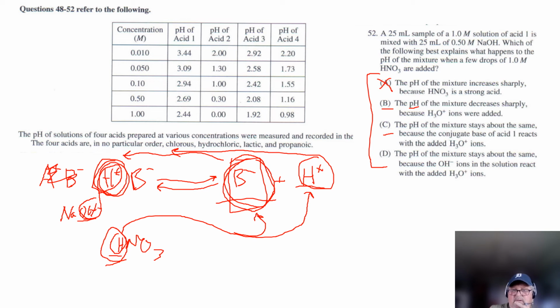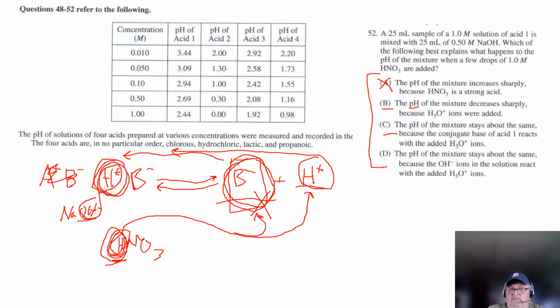C: the pH of the mixture stays about the same because the conjugate base of the acid reacts with the added H3O plus. And that's what we just said, okay? So you add more H3O plus, which comes from this H right here. It's going to combine because we have more conjugate base, and therefore the pH is going to stay about the same. This extra H is not going to increase the acidity.